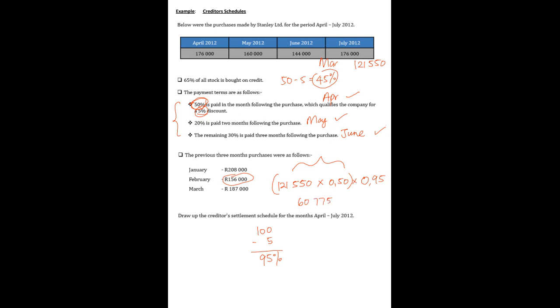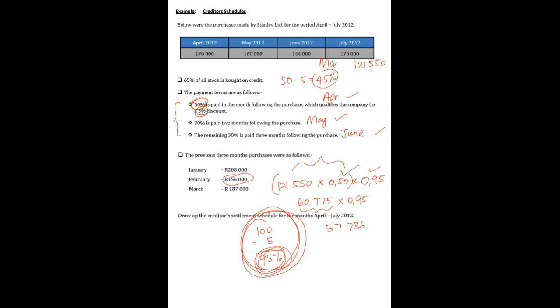So instead of paying the full 60,775, we're going to pay 5% less. So we're now going to pay an amount of 57,736. So you first work out the 50%, and then you take out from 100, like I did here, whatever the discount is, and this is the percentage that you further multiply that by.